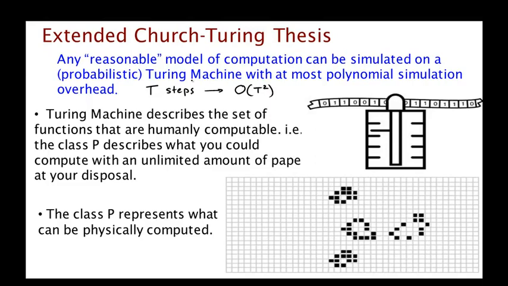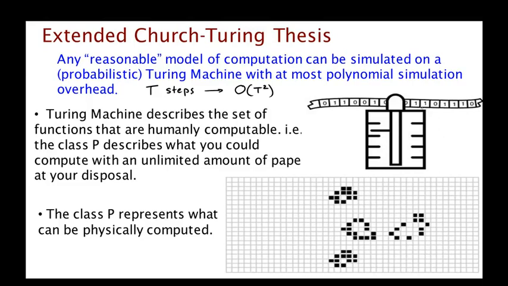Now, where does this extended Church-Turing thesis come from? How do you interpret it? Well, one interpretation was that a Turing machine describes the set of all functions that are computable by a mathematician. So you think of the Turing tape as being an infinite supply of paper, the finite state control as your mathematician, and the read-write head as a pencil.